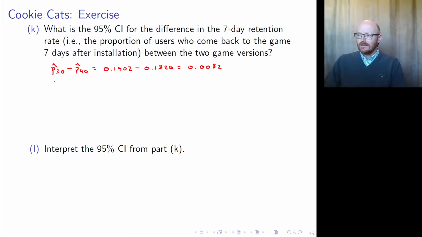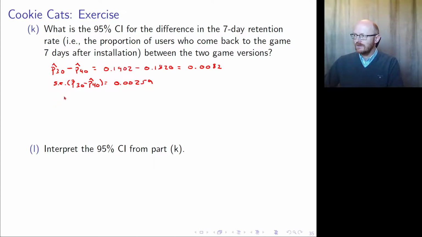Okay, and what else do we need? We need the standard error of the difference, and this was 0.00259 as we saw, and we need the critical value, okay?